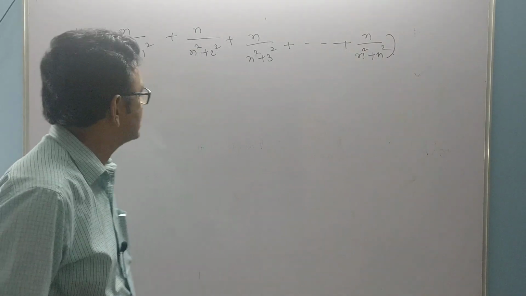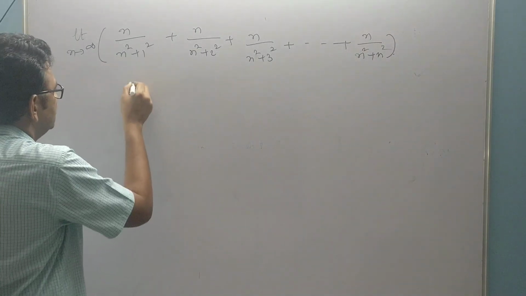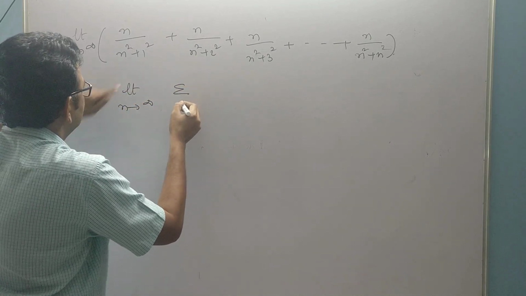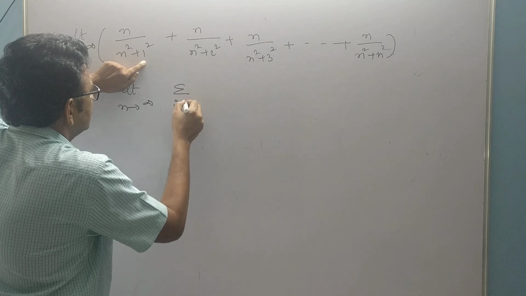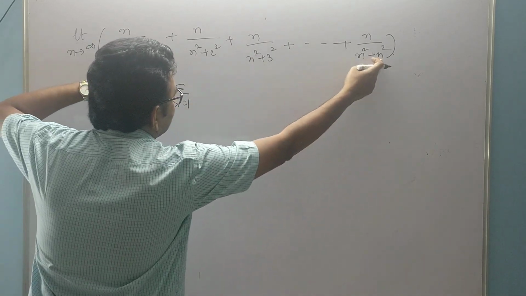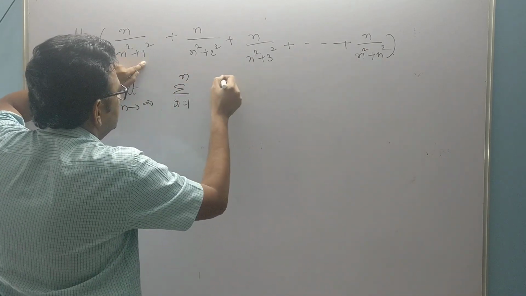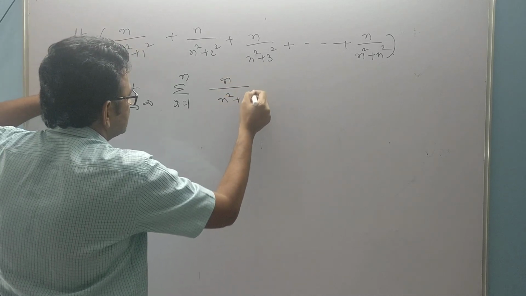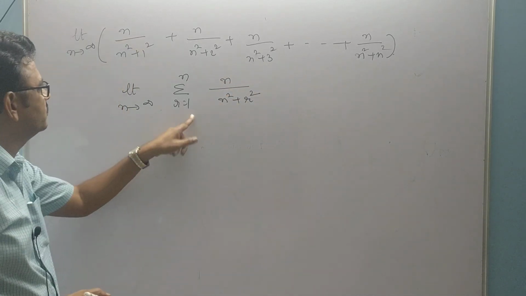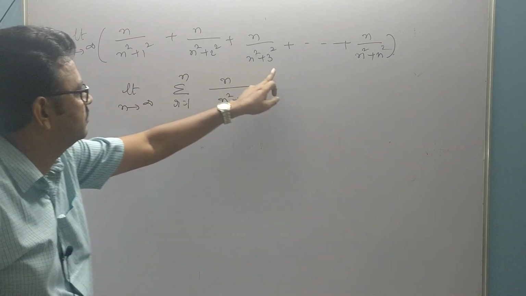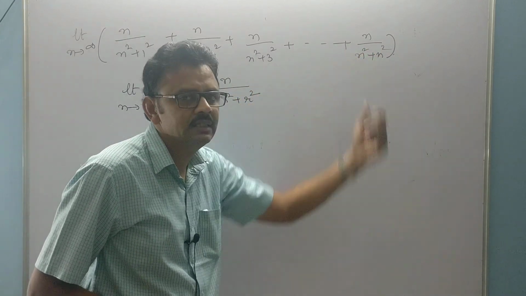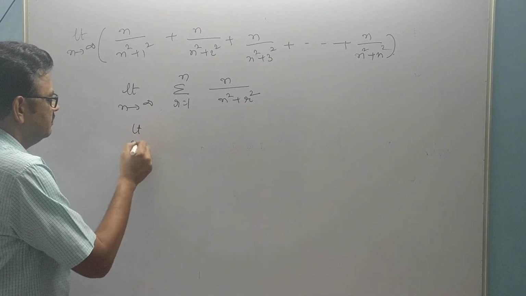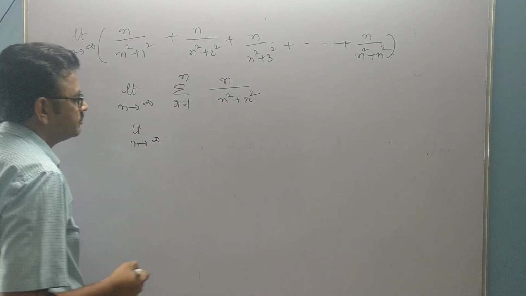Now with notation sigma, this is the limit of n tends to infinity sigma, where r varies from 1 to n, of n by n square plus r square. If you write r equal to 1, 2, 3, up to n, you get the above series.